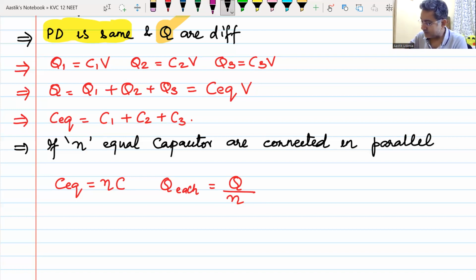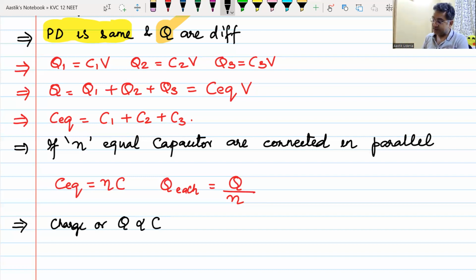Now if we write the same points, in the case of parallel capacitance, the charge Q on each capacitor will be directly proportional to C. The capacitor which has more capacitance will take more charge.